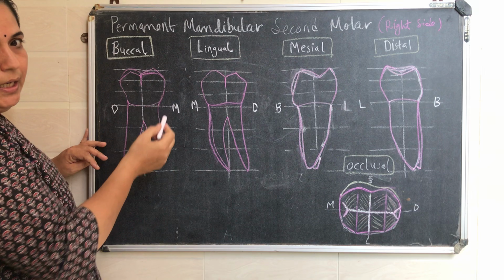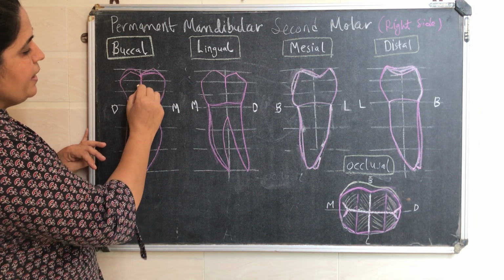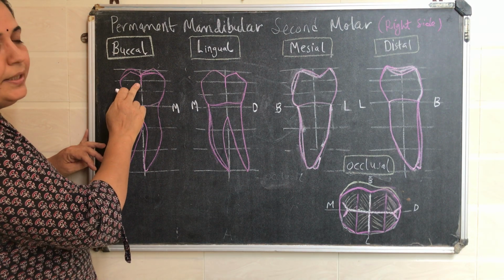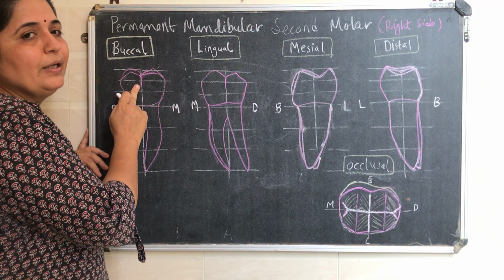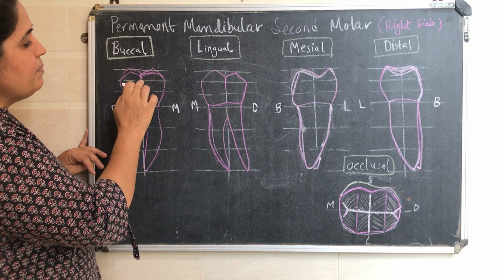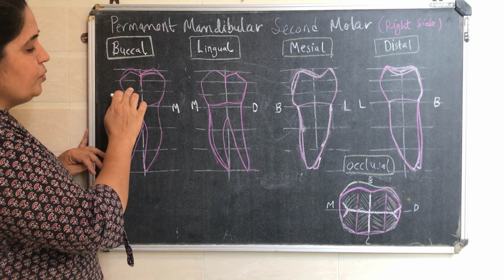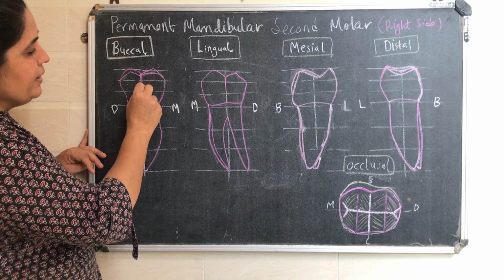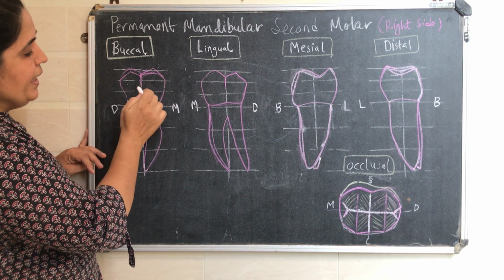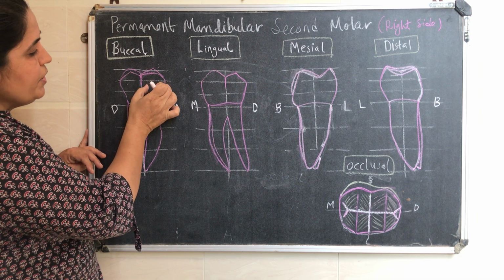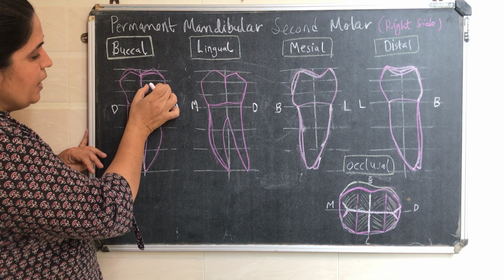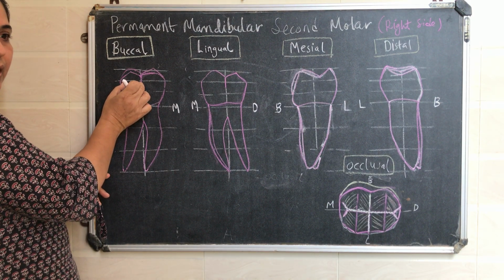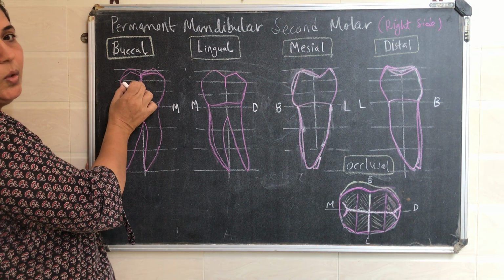Between the 2 buccal cusps, you can see one developmental groove, that is the buccal developmental groove, right? So this buccal developmental groove is placed exactly in the center mesiodistally. That means the mesiodistal width of the mesiobuccal cusp and the mesiodistal width of the distobuccal cusp is almost equal.